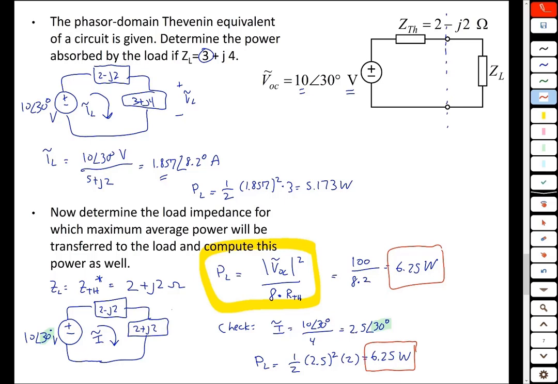A third way we could have done it, we could have calculated the voltage across the load and then used 1/2 times the magnitude of the voltage times the magnitude of the current times the cosine of the difference between the angles. But we don't need to use that here because we have this really simple equation and this somewhat simple equation.